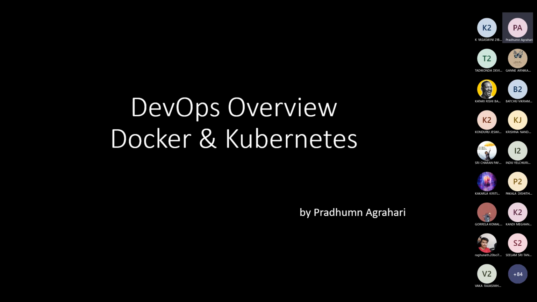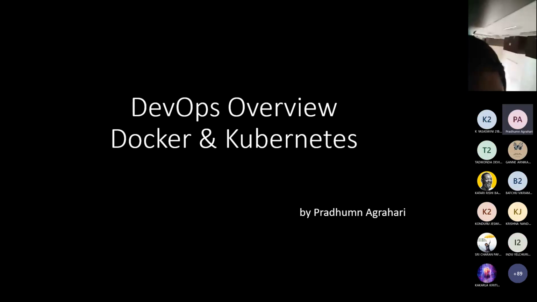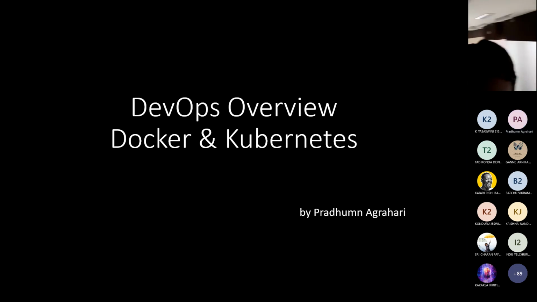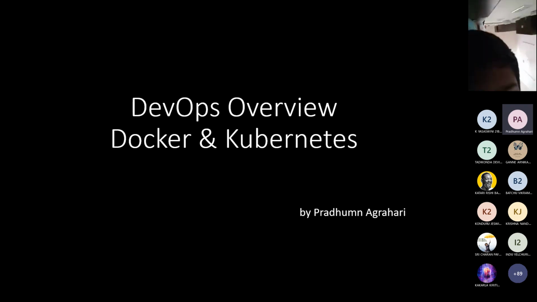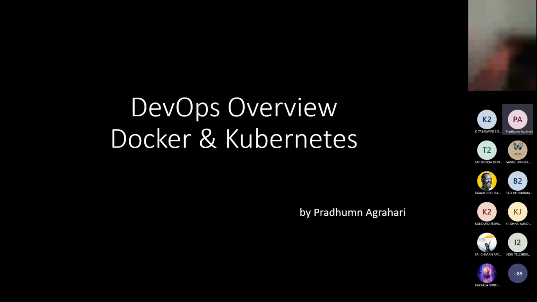I will cover the different tools and technologies used in DevOps, and afterwards I will touch on Docker, and if we have time, some parts of Kubernetes. Since it's 1 hour, that will be my agenda, and my purpose is to give a glimpse of how these DevOps tools are a boon to the cloud native world.